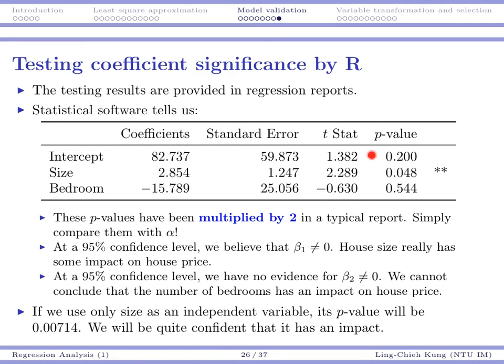Also, we have something called t-stat. If you check these 3 columns, you would realize that t-stat is coefficients over standard errors. Okay, this divided by that gives you the t-statistics. And that's not very surprising because t-stat is calculated as x bar minus mu divided by s over square root of n, which is exactly the coefficient divided by the standard error.